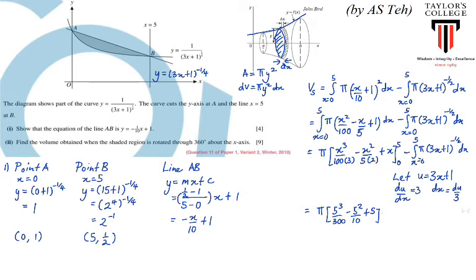The other portion is 0, so I can ignore it. For this side, substituting u, it will be the integral from x equals 0 to 5 of pi times u to the negative 1 over 2, with dx becoming du over 3. Then I do the integral of this.